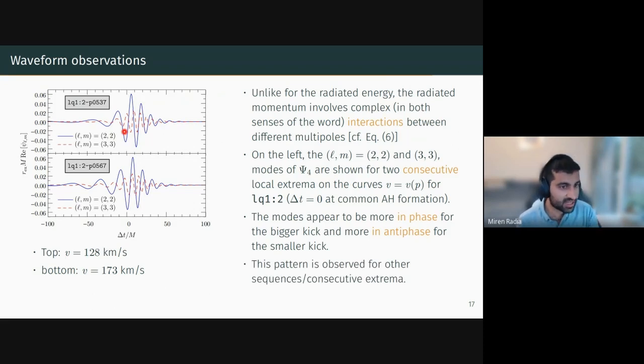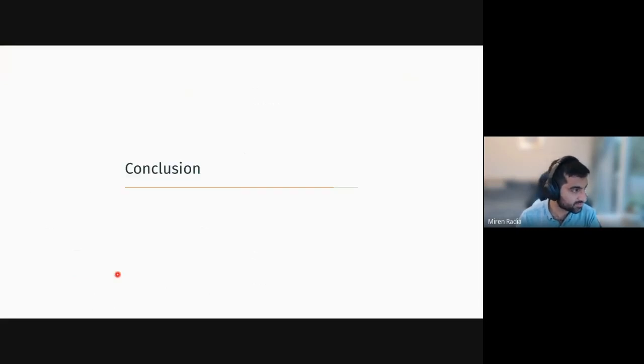This is merely observational. We don't have a good understanding of this phenomenon, but it definitely warrants further investigation. And this pattern is consistently observed for other sequences and for other extrema as well. So like I said, the top was the local minimum, the bottom was the maximum in this plot.